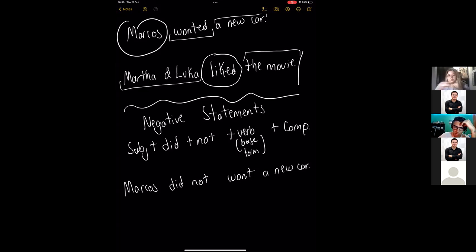Just the verb in its simple form. Clear with that? And the spelling rules of the verbs are the same. Okay. What do you mean?